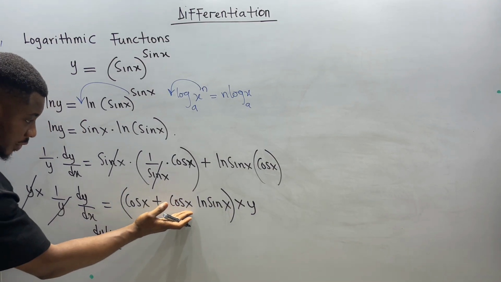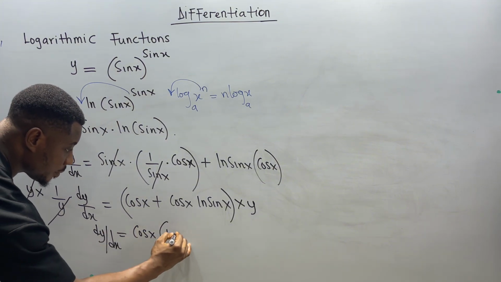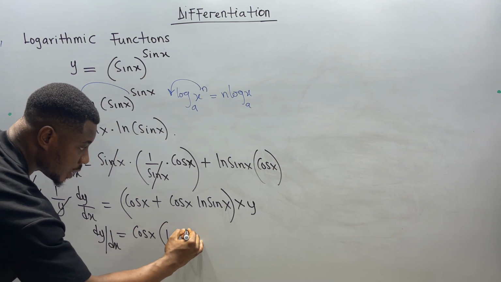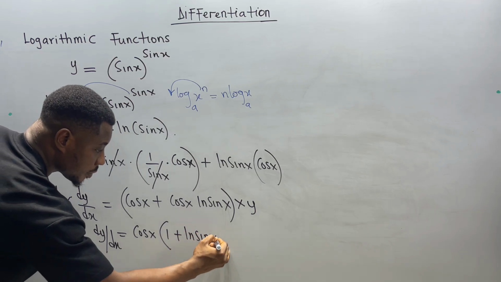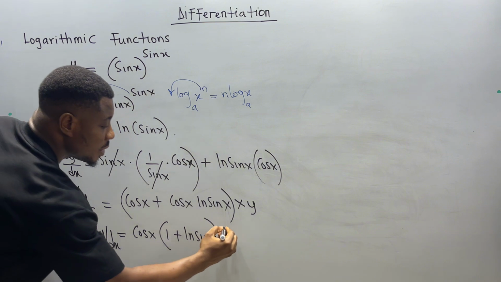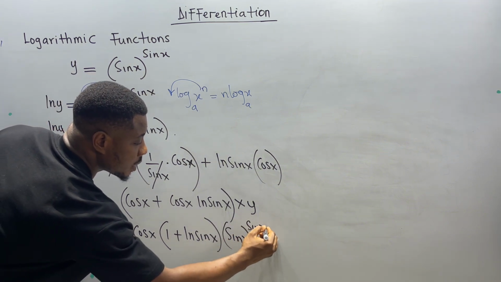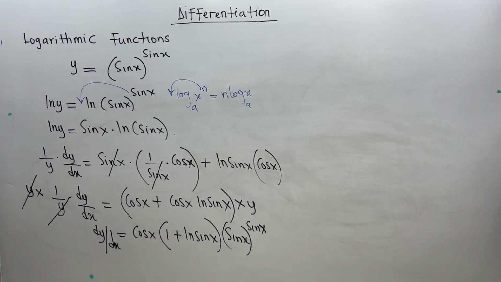Now if I factorize cos x out, what will be left here is 1, and what will be left here is ln sine x. Then remember that y originally is sine x to the power of sine x. Now this is the derivative of sine x to the power of sine x.